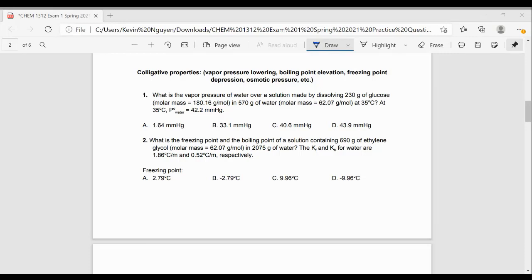Okay, yeah, I can definitely do it on the whiteboard. No trouble. It's all part of the job. Okay, so we have 230. Looks like he writes a lot faster now, which is good, or a little faster. Grams of glucose.